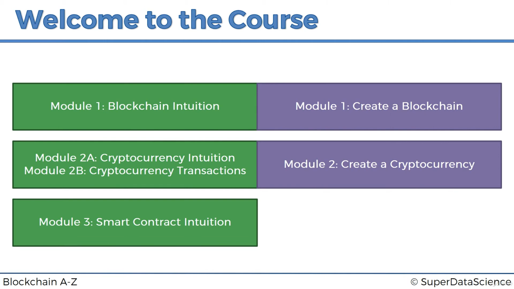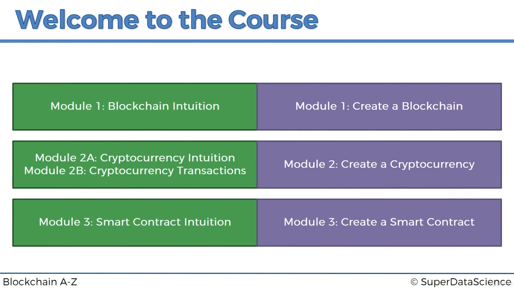And at the same time, again, you'll have a practical component for Module 3, which is create a smart contract, where Adlan will walk you step by step through creating a smart contract and actually launching or imitating an ICO to see how those smart contracts can be used in the real world.